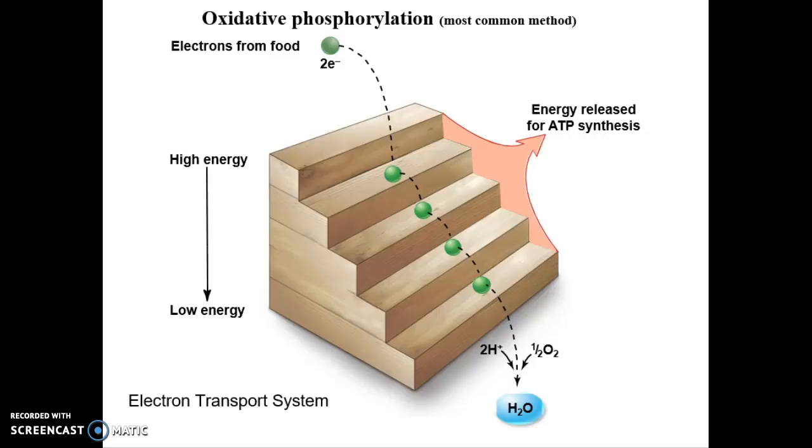When electrons are transported over to the series of steps we're looking at here, called the electron transport system, they have a high level of energy. As they fall down these steps, they move from step to step to step. This is actually a transfer of electrons from protein to protein to protein. They are releasing energy.